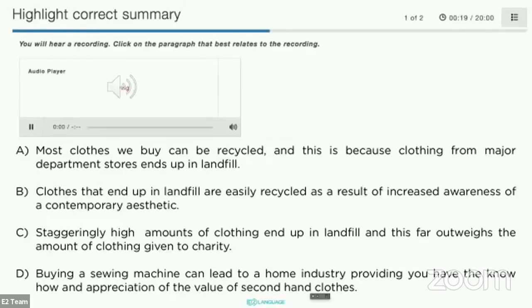Give you 1 minute. All right, you should have selected the correct answer by now.